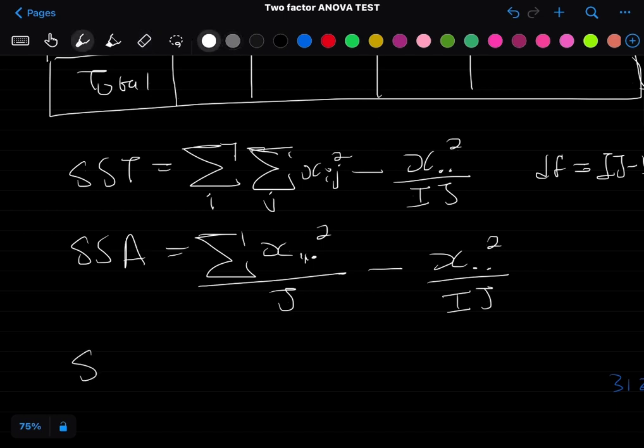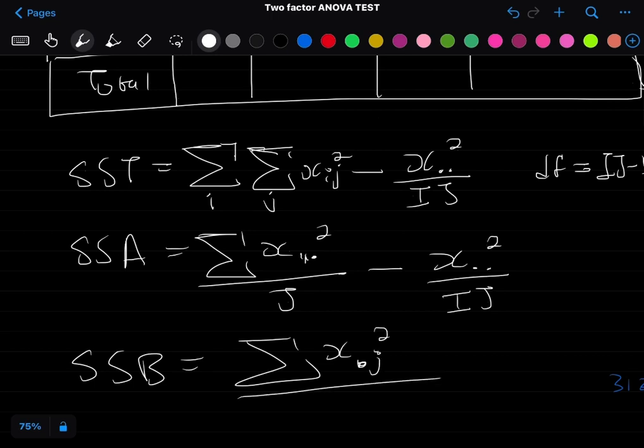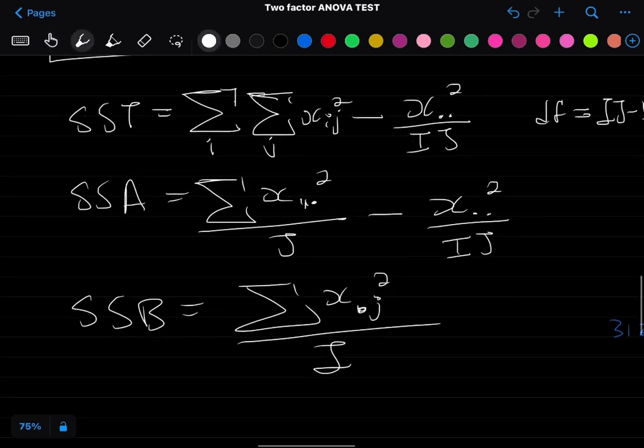Now we'll have for factor B, which will be the sum of x dot j squared divided by the number of rows, minus the correction factor, the grand total squared over ij.